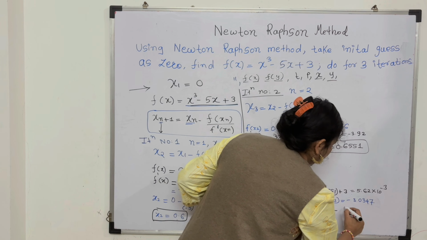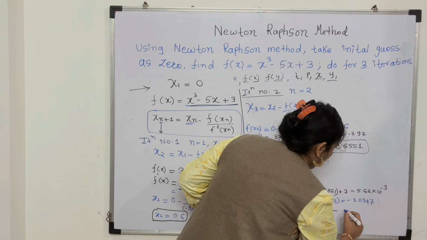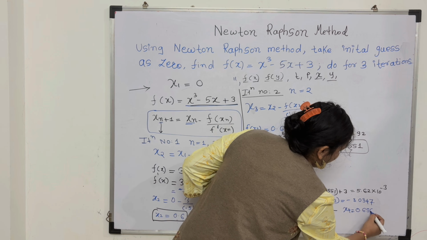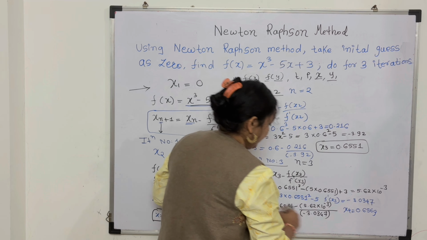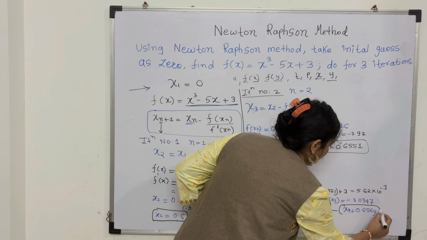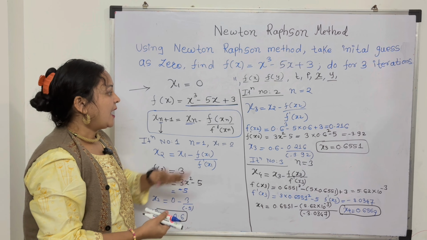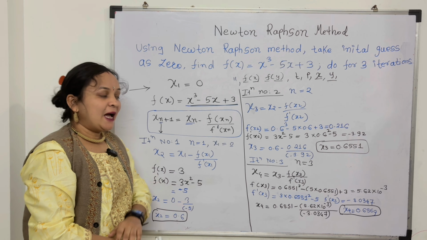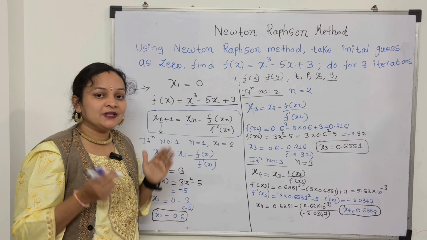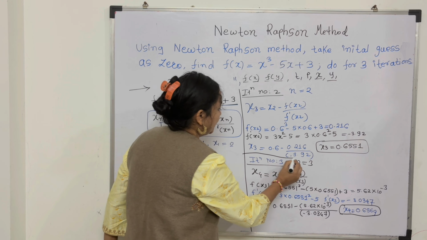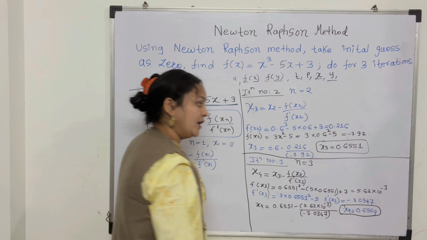You are getting the x4 value as 0.6569. As in the numerical statement, they have mentioned that you have to solve up to 3 iterations, so you are supposed to complete this up to the 3 iterations.